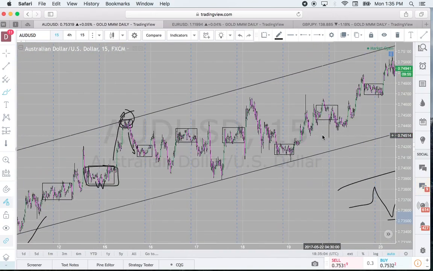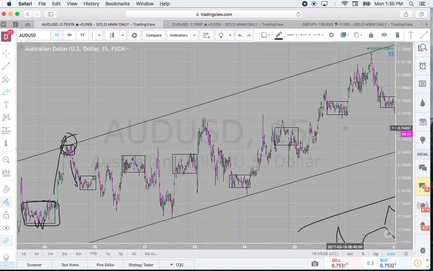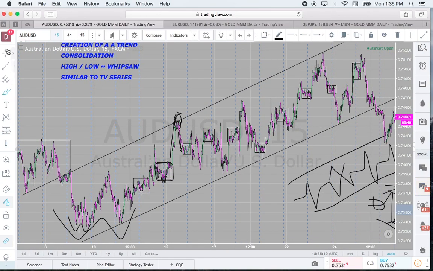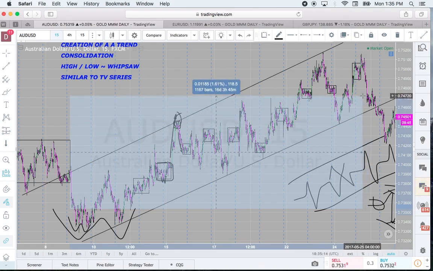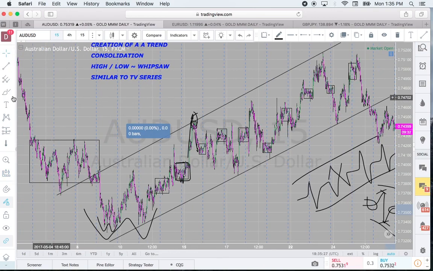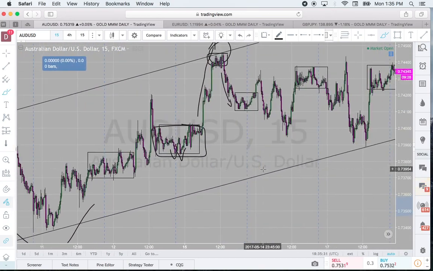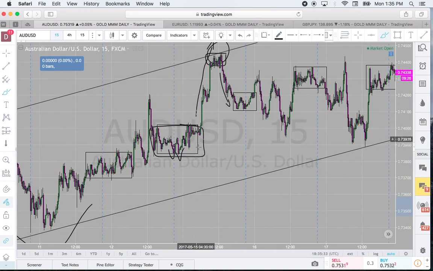Okay? So let's just go over what happened. This was 16 days. 16 days of price moving in this channel we have, in this upward trend. And here is the consolidation.